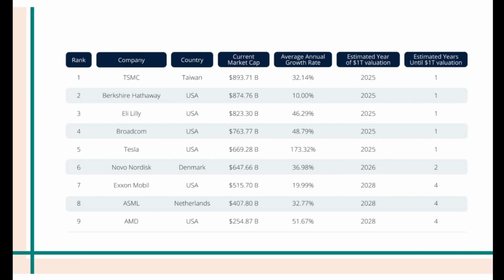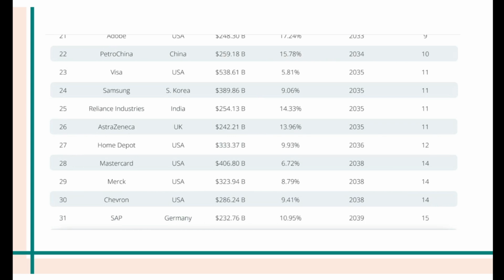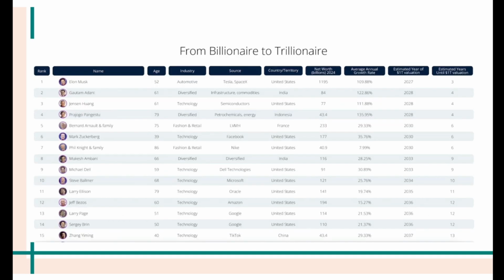So you can see TSMC can become as early as 2025. And you can see here there is an Indian company, Reliance, also. It is 25th in the list. Reliance Industries Limited from India can become a trillion-dollar company by 2035.